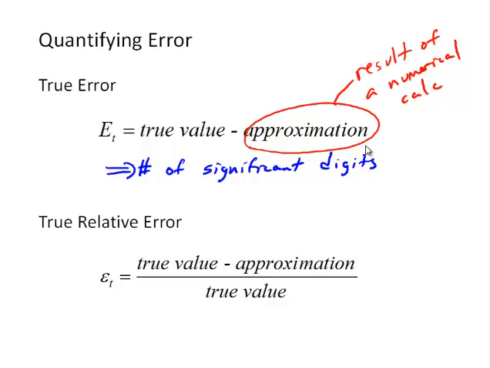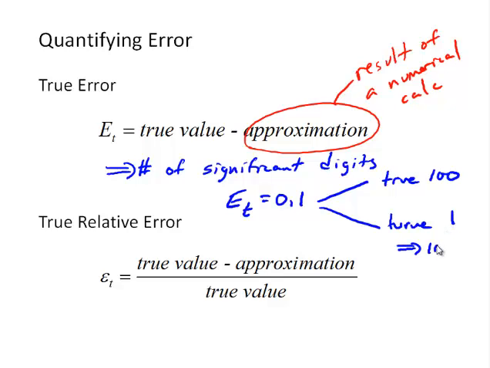However, it's not always that useful because the magnitude is not relative to the solution itself. So for example, a true error of 0.1, if the true value is 100, is 0.1% error. That is not too bad.